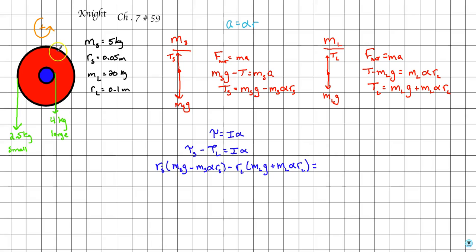To find the moment of inertia of the entire pulley, it's just the sum of the individuals. So we can write this out as 1/2 mass of the small times radius of the small squared, plus 1/2 mass of the large times radius of the large squared, all times alpha.